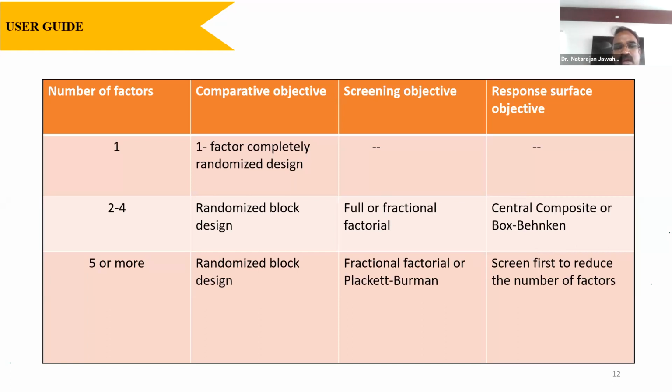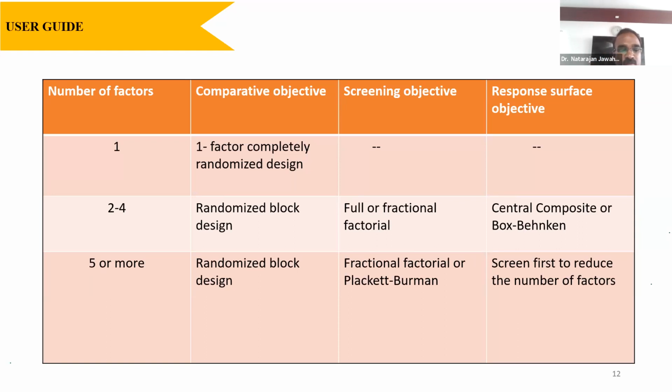All that you cannot get from a full factorial or fractional factorial design. Whereas in central composite or Box-Behnken design, you can do all those things. You can not only screen, you can also understand the cumulative effect of your factors on the response, or even interaction studies, as I discussed in the earlier slide. The interaction effect on your response can also be studied from response surface objective.